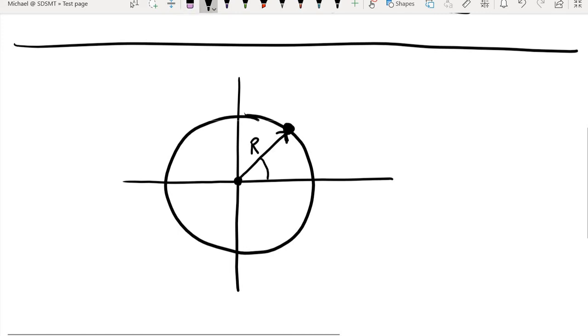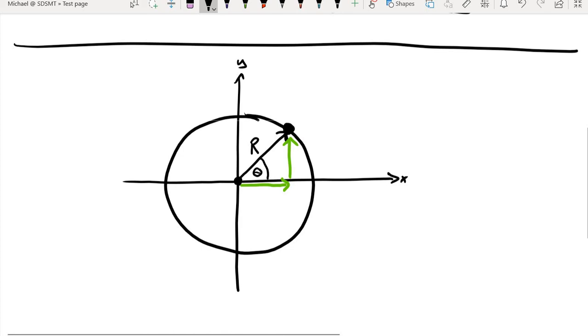There's no reason we can't describe this vector both ways. So there's an angle theta with respect to the x-axis. But then we have x and y components of that radius vector.